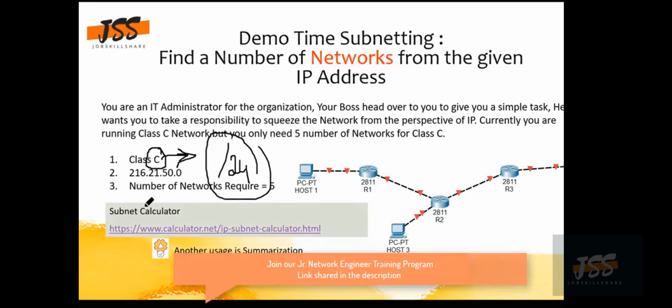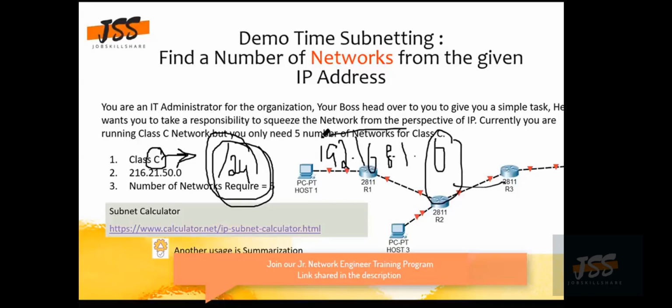Okay. So if we take a look, how many network bits does it have? We talked about the host portion. Let's say 192.168.1.0: this is representing the network portion and this is representing your host portion.